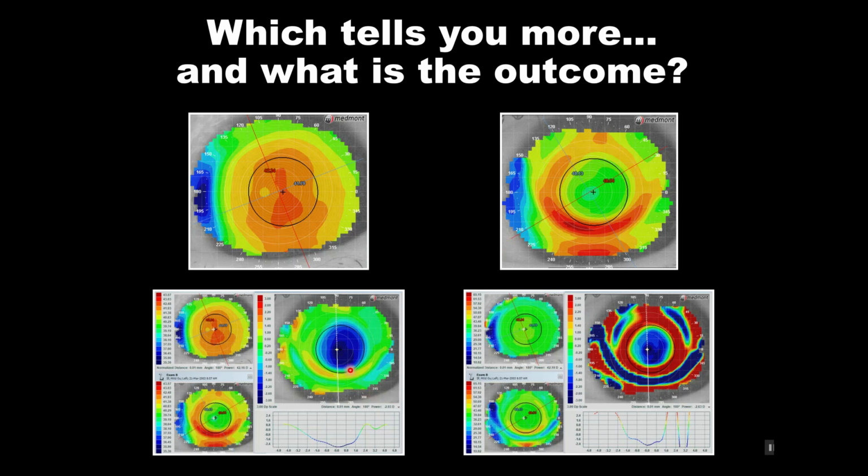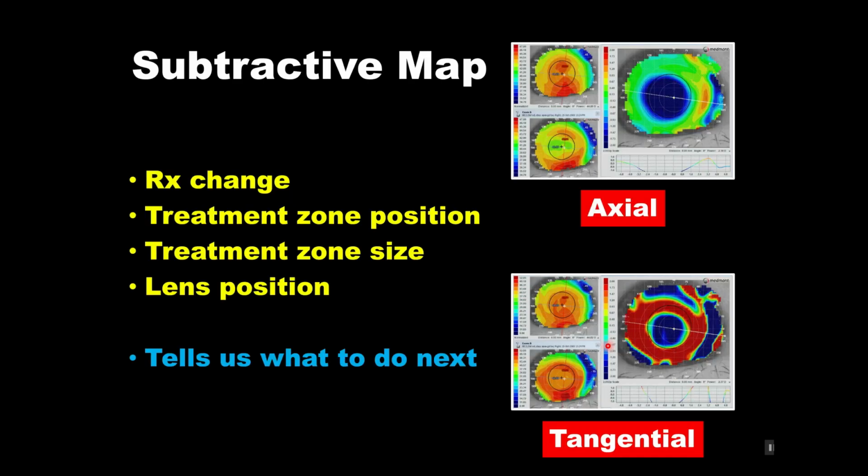We would look at the axial to understand the power change, the treatment zone size, the treatment zone position, the tangential map to understand the lens position. So make sure that you understand how to access this map. This becomes a very important function in your analysis of the overnight effects of orthokeratology.